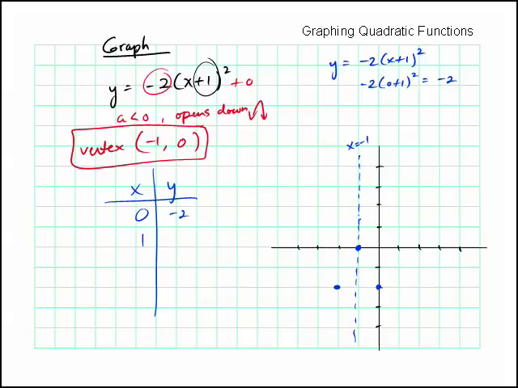Okay, now when x is 1, I get 1 plus 1 squared is 4, times negative 2 is negative 8. 1, negative 8. And I can't even fit that on. It's too low. 1, 2, 3, 4, 5, 6, 7, 8. It's way down here. And so I'm going to sketch my parabola now. It's a rather skinny parabola, which looks somewhat like that.